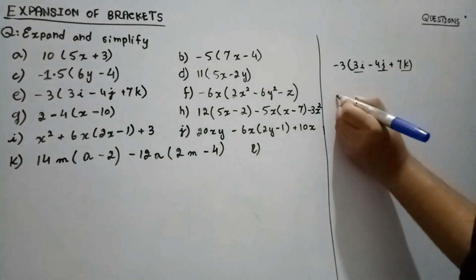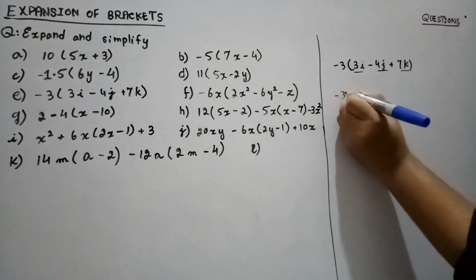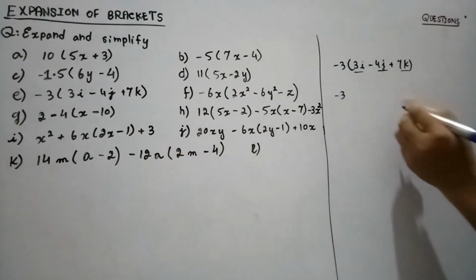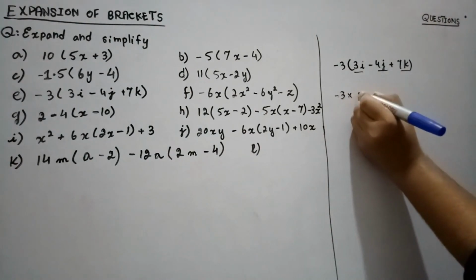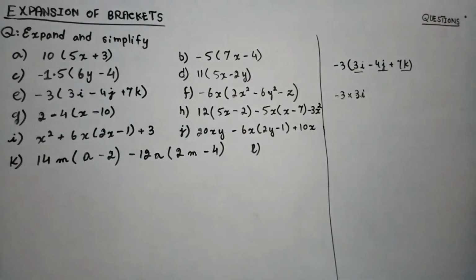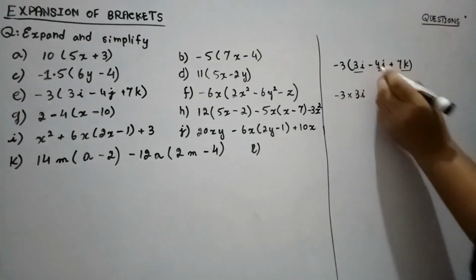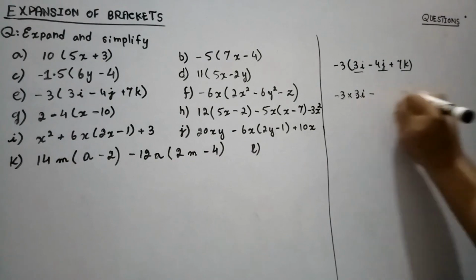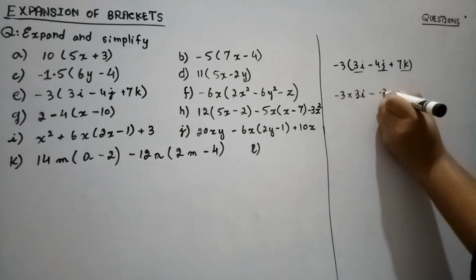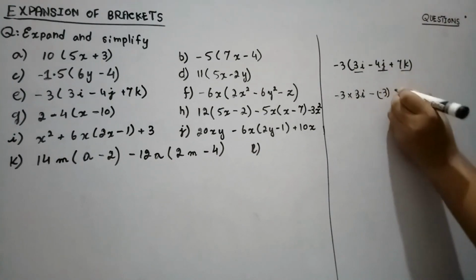It means that this negative 3 is going to multiply by 3i, and if I write this negative sign as it is, this negative 3 again is going to multiply with 4j.